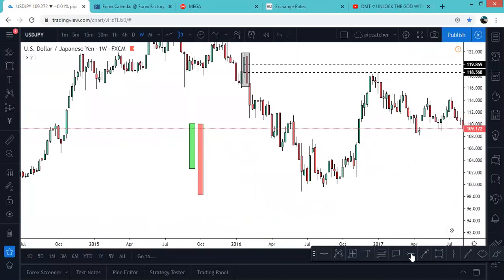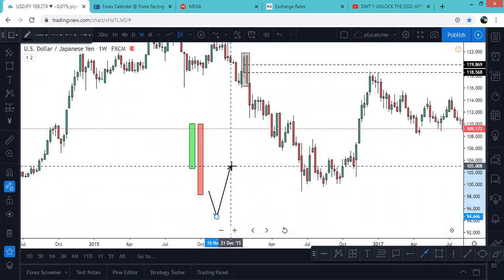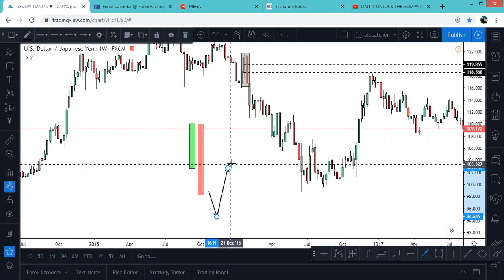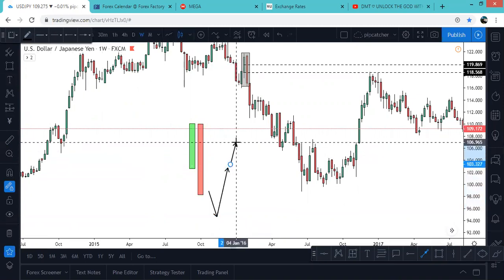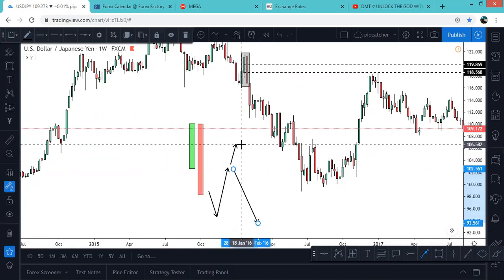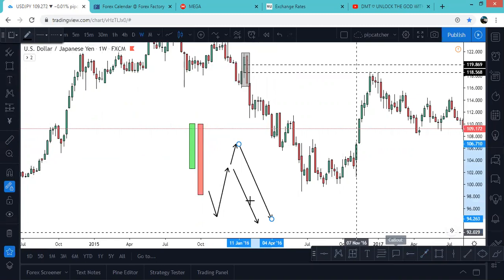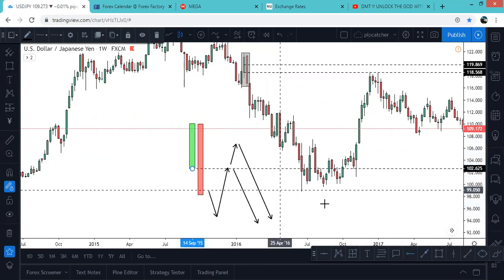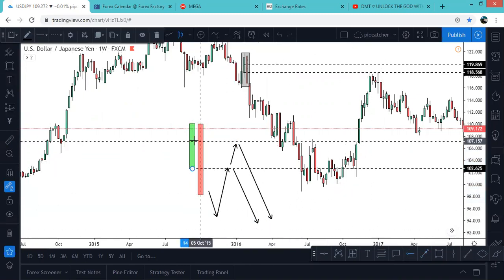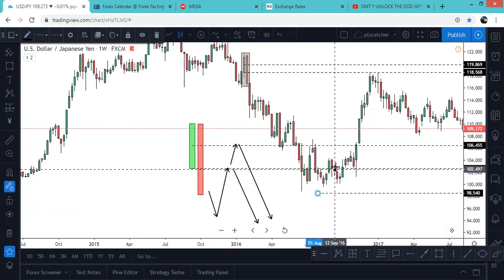And so what you'd want to see is price continue down this way, but then come back here or possibly here, right? And reject. Okay? So from the opening of the candle, or preferably, if you can, 50% of the candle, right?